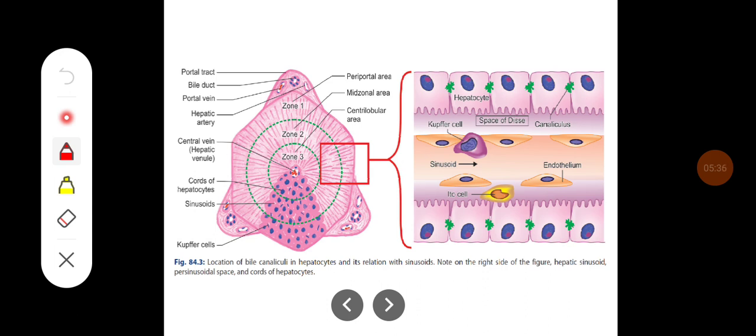This is a diagram showing one hepatic lobule, and this is a diagram showing the canaliculi between the two hepatic layers. In between there is a bile canaliculus.